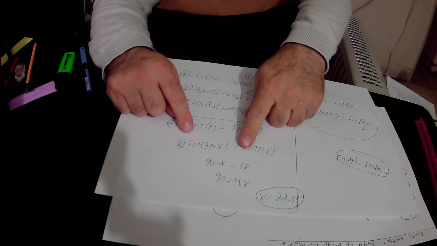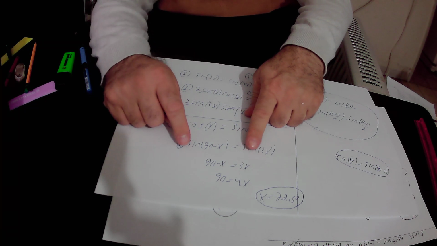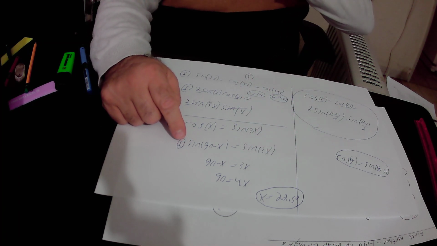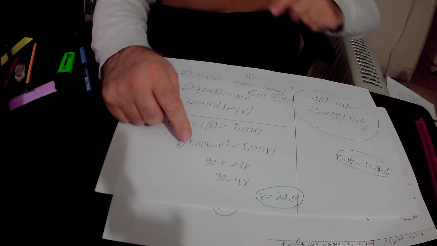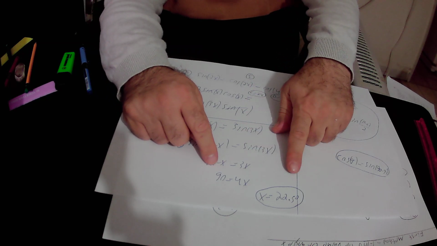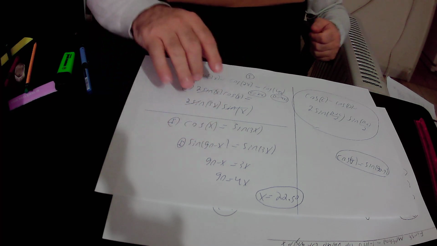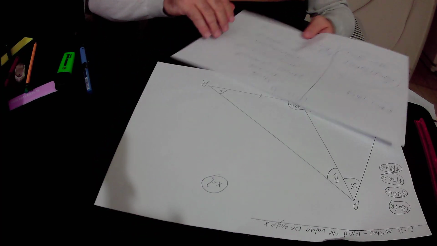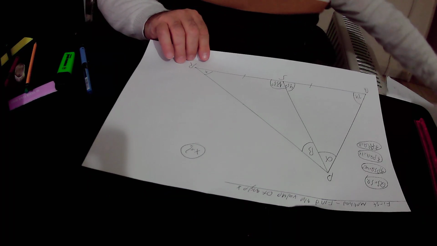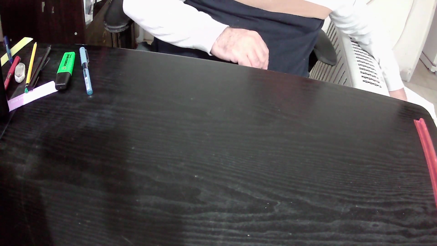We added x to this equation, and we got that 90 equals 4x. We divided this equation by 4, and we got that x equals 22.5 degrees. So the value of angle x is 22.5 degrees.